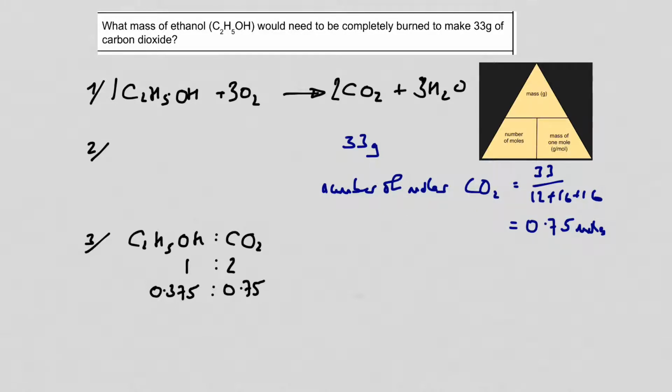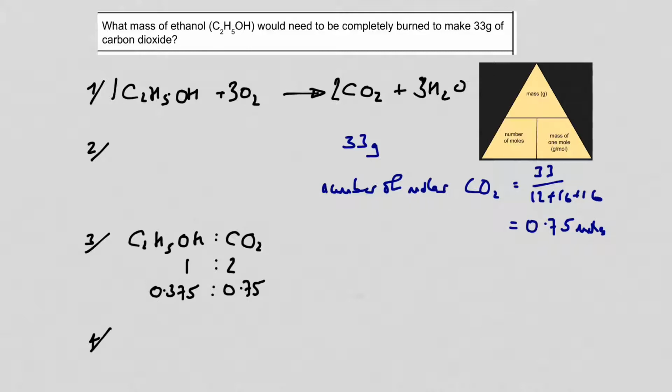And that's 0.375 moles. So what we're saying is 0.375 moles of ethanol reacted to produce 0.75 moles of carbon dioxide, and remember our 0.75 moles of carbon dioxide is the same as 33 grams of carbon dioxide.